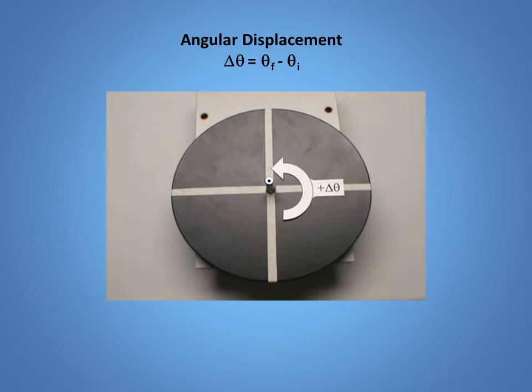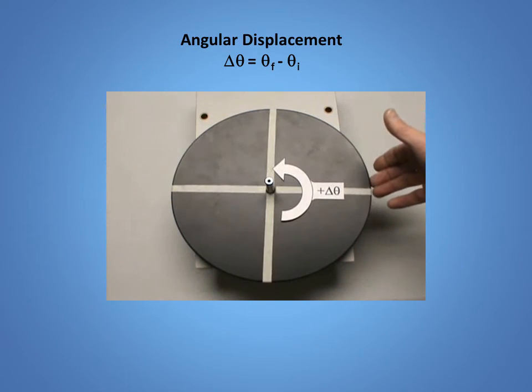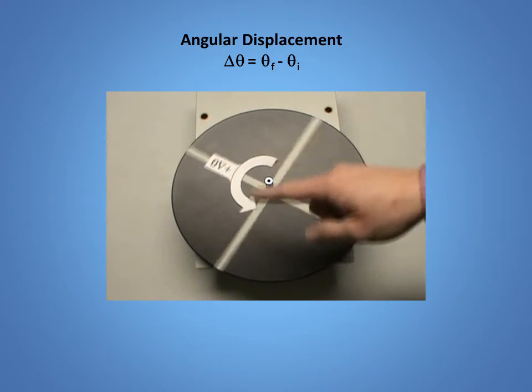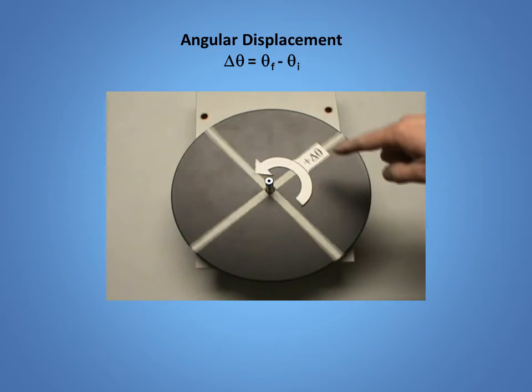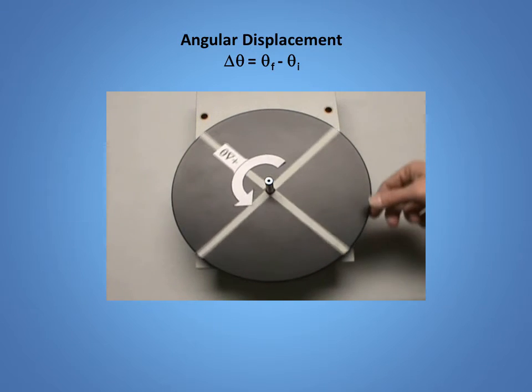Angular displacement, delta theta, is a change in angular position and is defined as theta final minus theta initial. This is the angle through which the rotation occurs. Since an object can rotate in two directions around an axis, delta theta is defined as positive for a counterclockwise rotation when viewed from above, as we are viewing this rotation.